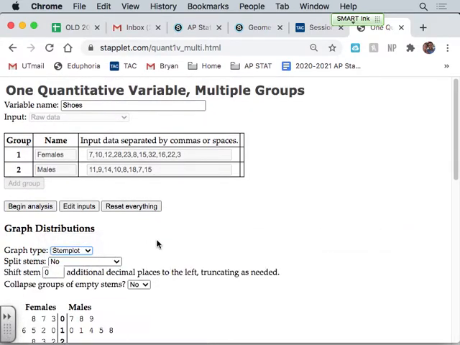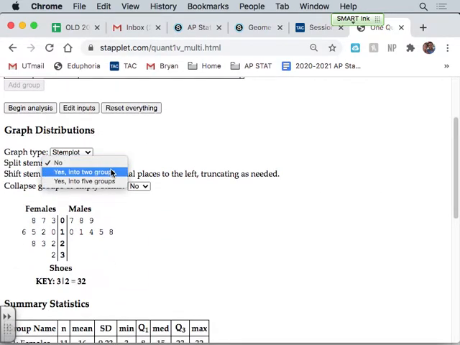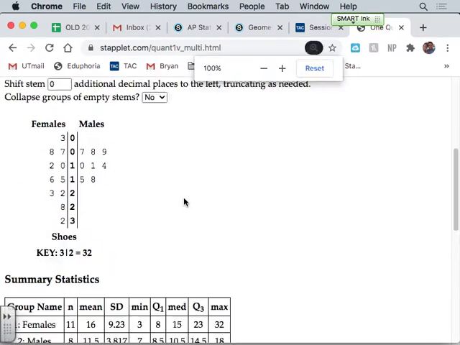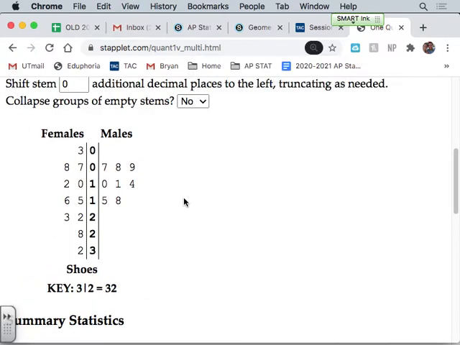But for the stem plot, I'm going to split into two groups. So maybe y'all could even draw it that way. Okay, so here's my stem plot for comparing two different groups. I want to focus on this one because it's interesting. They've got the stem here in the middle, and then you leaf out to the left and the right.